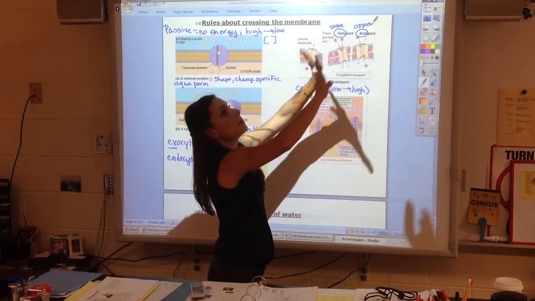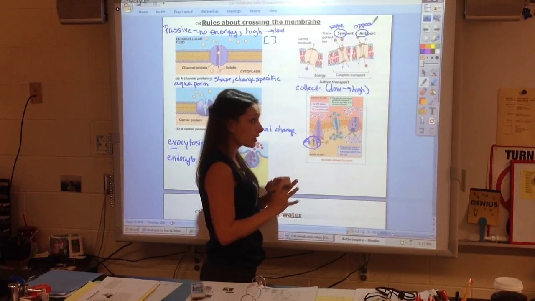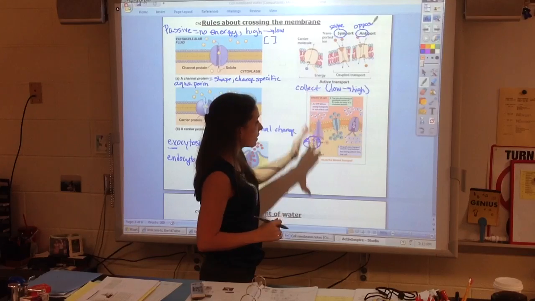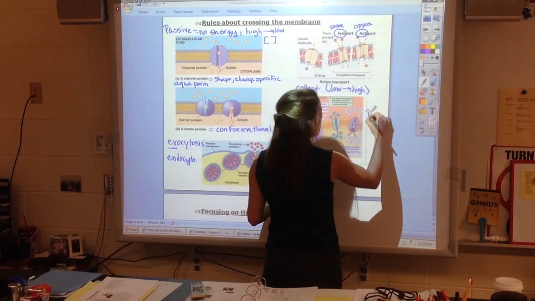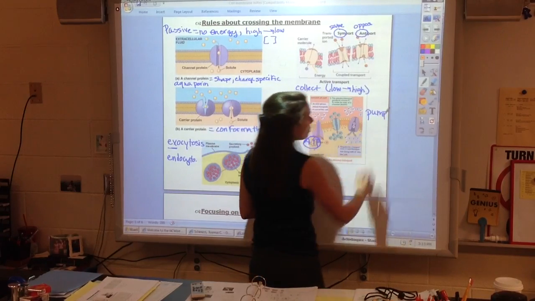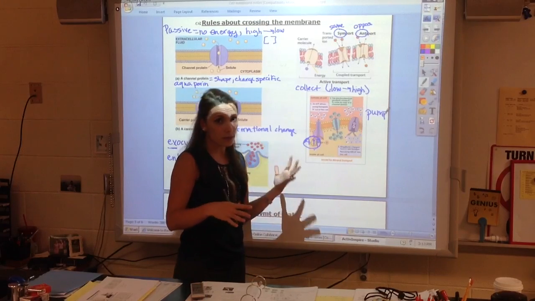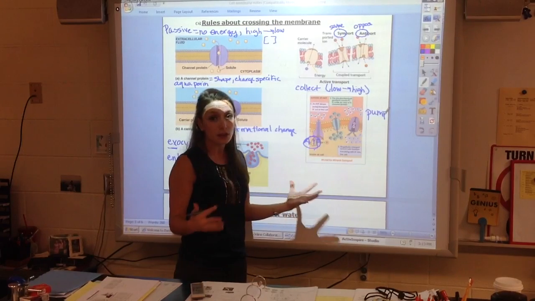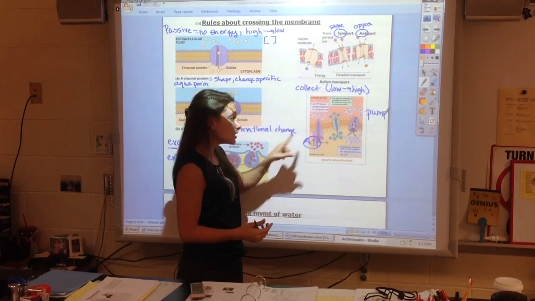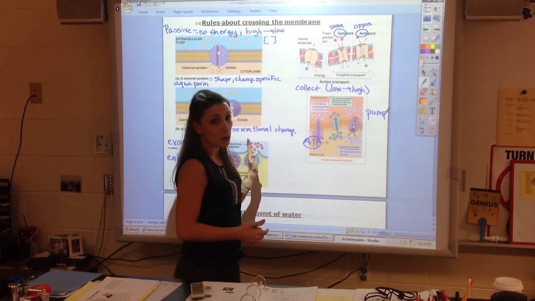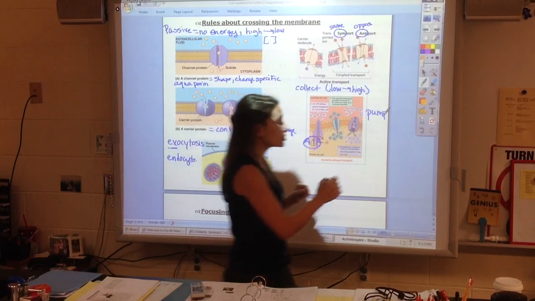Picture pushing a ball up against gravity, up a hill. And we're going to see this idea of pumping a lot. So anytime you see the word pump, that's going to refer to active transport. So basically we've got this idea that we can move things across the cell membrane using specific proteins and either using energy or going with the concentration gradient.